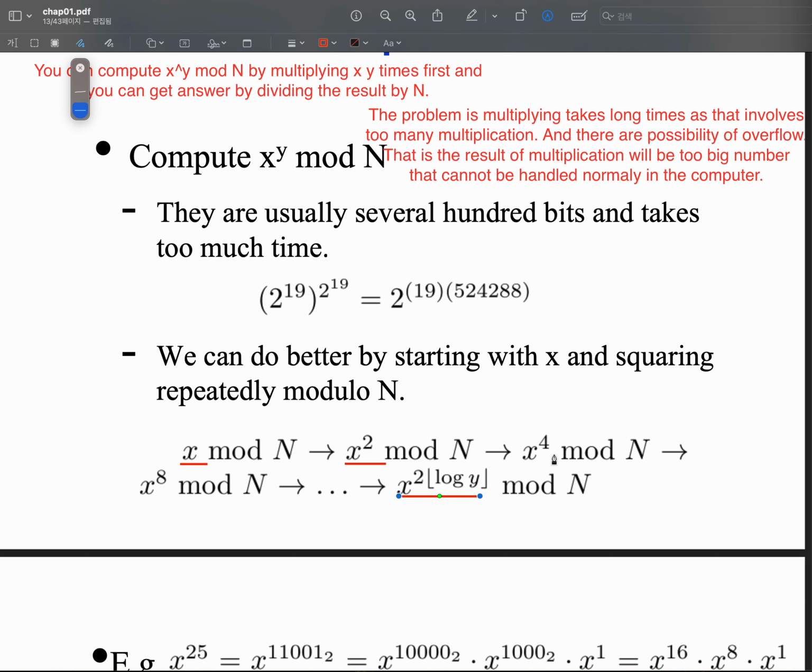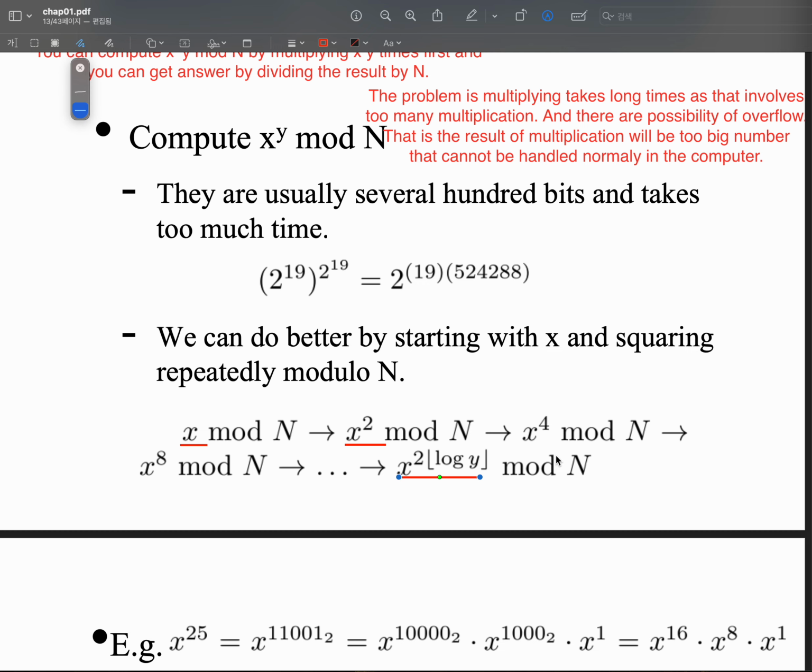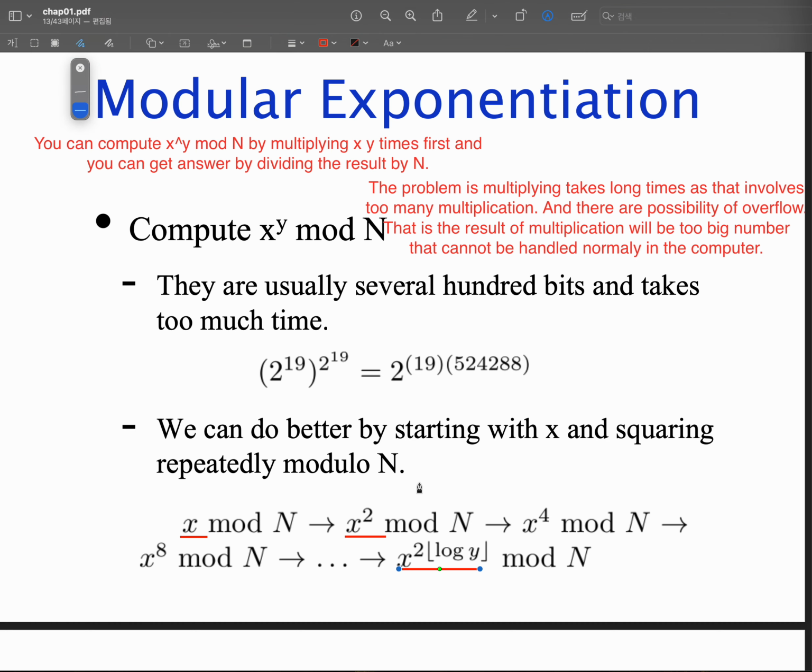For example here, look at this. This value is first 2, mod 11, and then 2 square mod 11 equals 4.